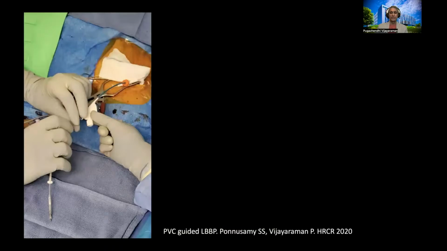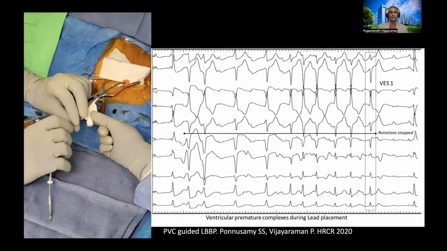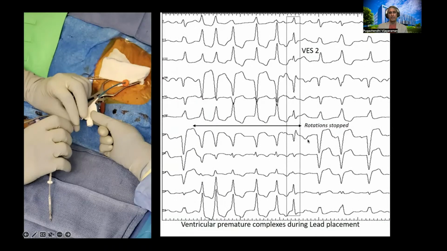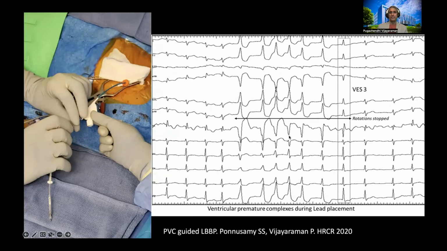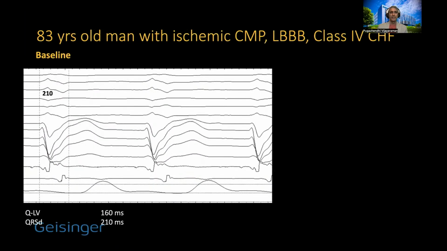And we also have better evidence of using PVCs induced during lead placement to help us guide the depth of the lead placement. By looking at the shape and morphology of the PVCs, we can get to the left bundle branch region very quickly and stop as soon as you achieve these narrow complex PVCs that simulate left bundle branch area pacing.